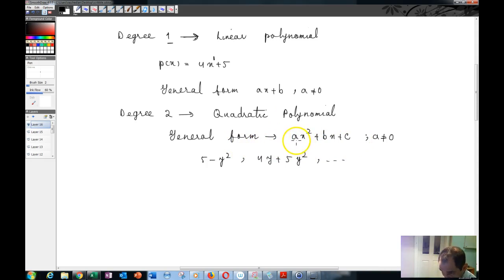Okay. And then if the degree of a polynomial is 3, then that polynomial is called a cubic polynomial.